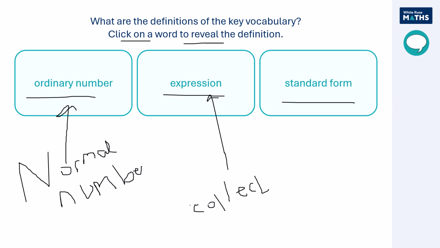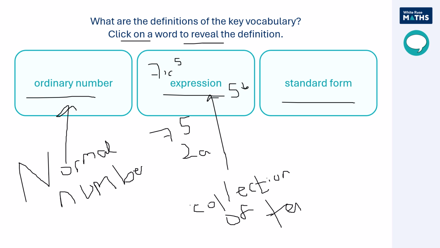An expression is when you have, let's say, 2a or 2a plus 5b, or 7x squared, or even 75, which is also a numerical expression. A collection of terms, usually like or unlike terms.